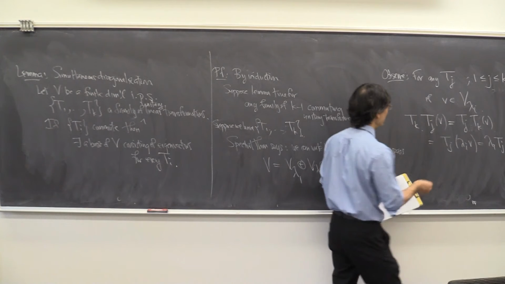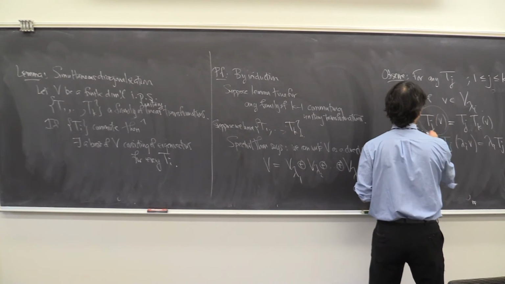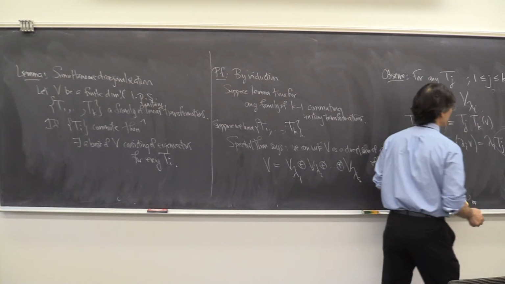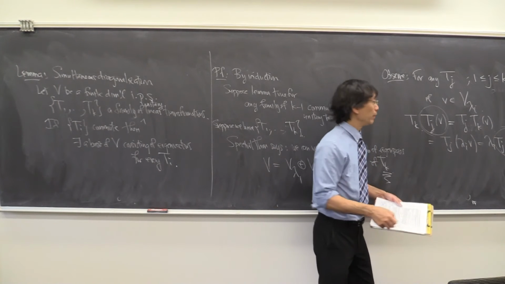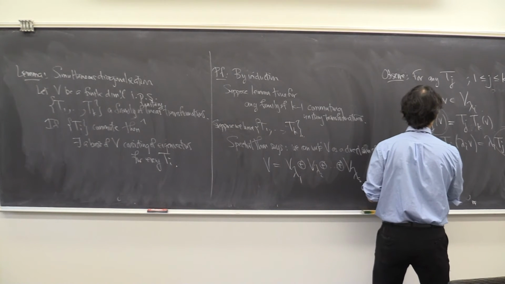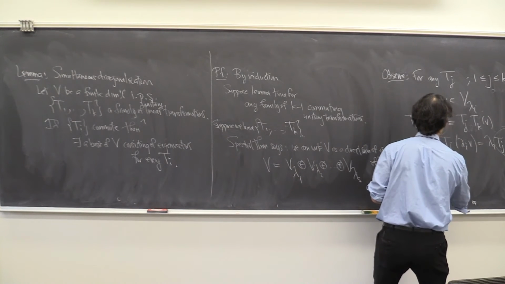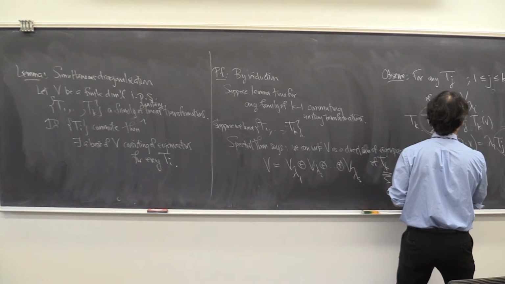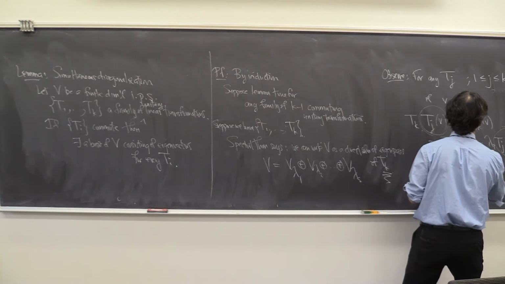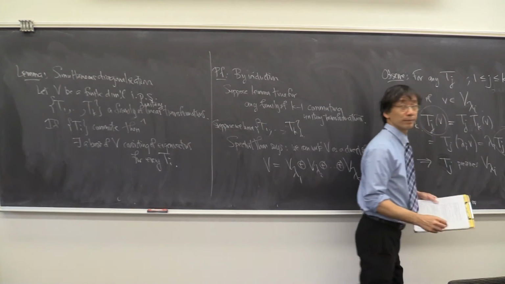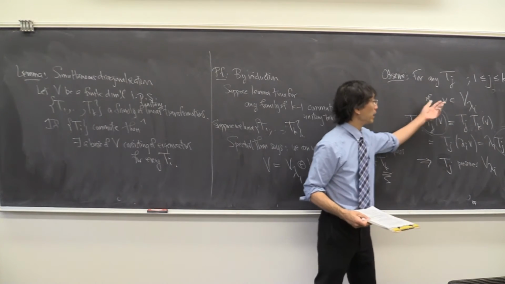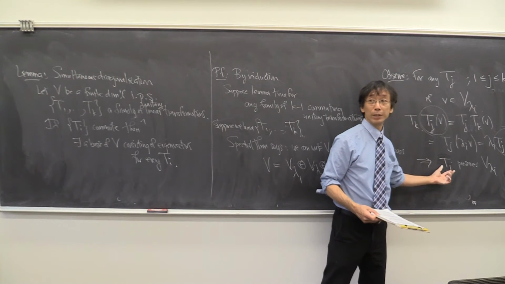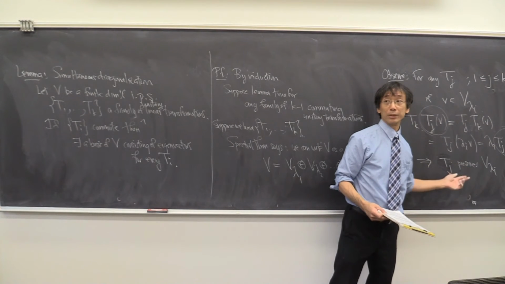What's the point? The point is that Tk of this thing is just lambda times that thing. In other words, Tj preserves the eigenspace, right? Anybody in the eigenspace, you hit it with one of the other guys, it's still going to be in that eigenspace.